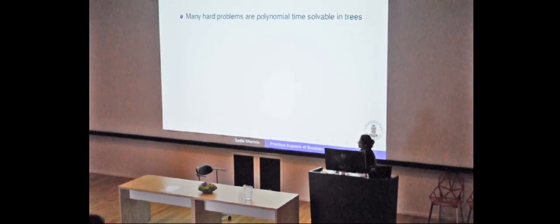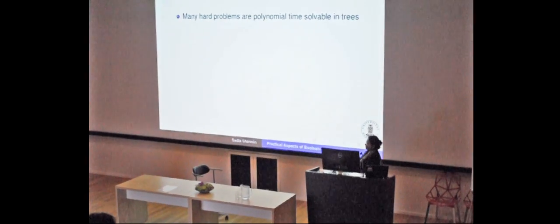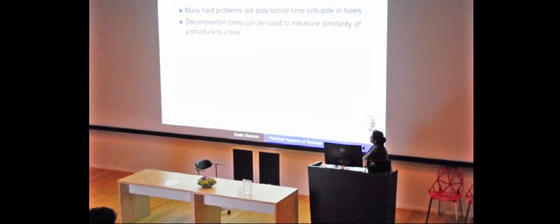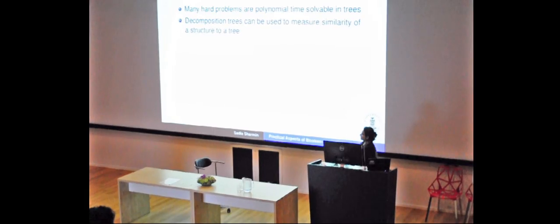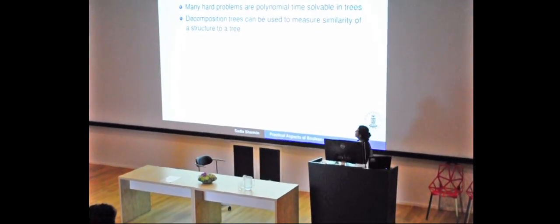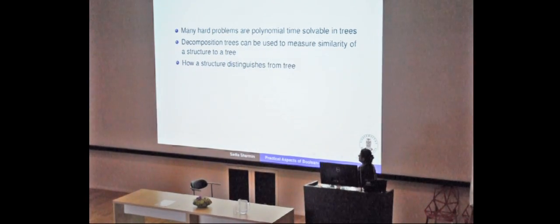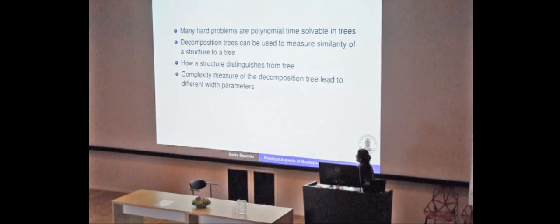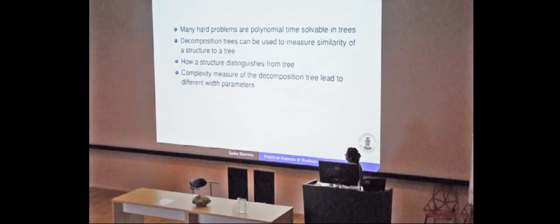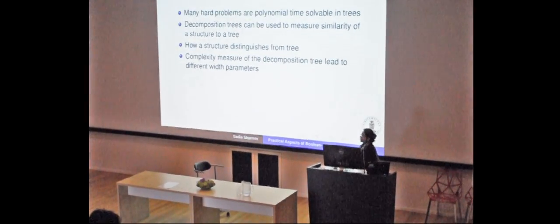As you know, many hard problems are polynomial-time solvable on trees. Decomposition can be used to tell us how close a structure is to a tree, or how it differs from a tree. And the computation methods of the decomposition tree lead to different width parameters.